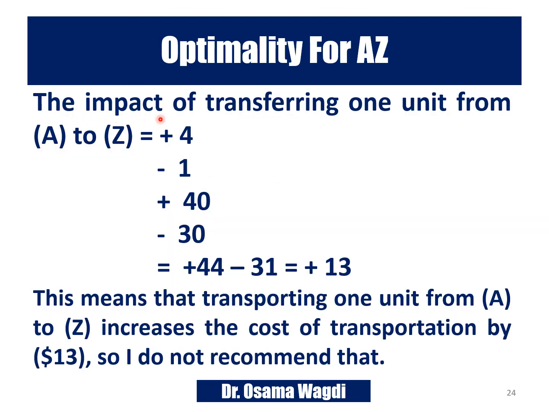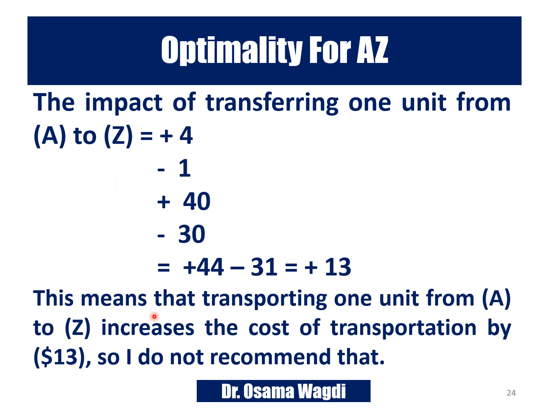Here it's more showing the impact of transferring one unit from A to Z, plus 4 minus 1 plus 40 minus 30 equal plus 44 minus 31 to equal positive 13.